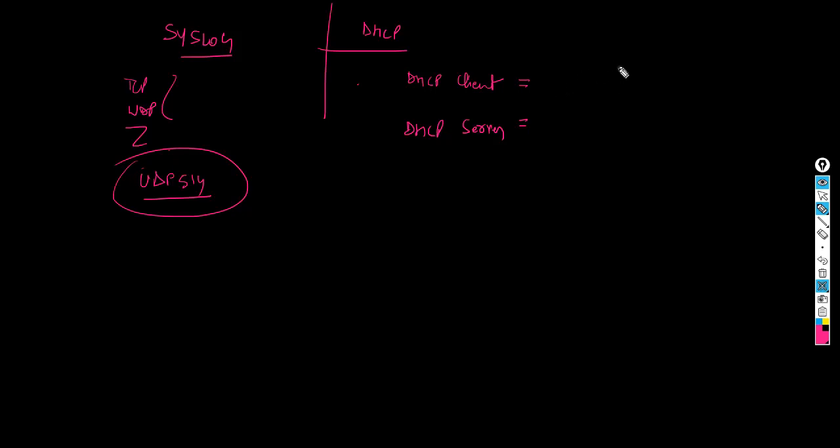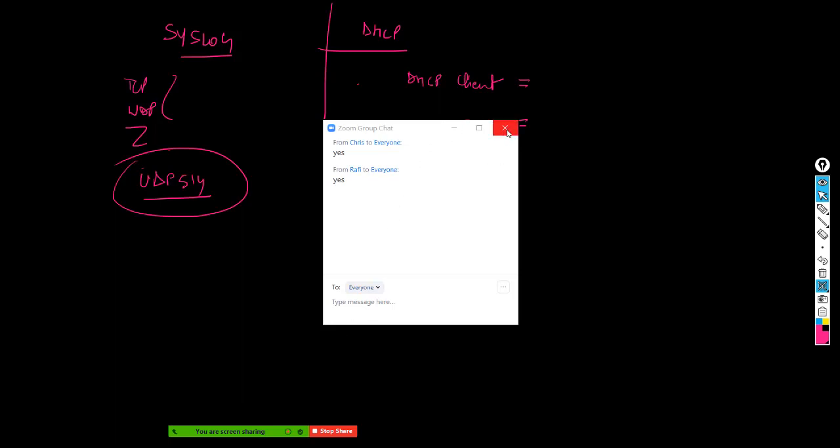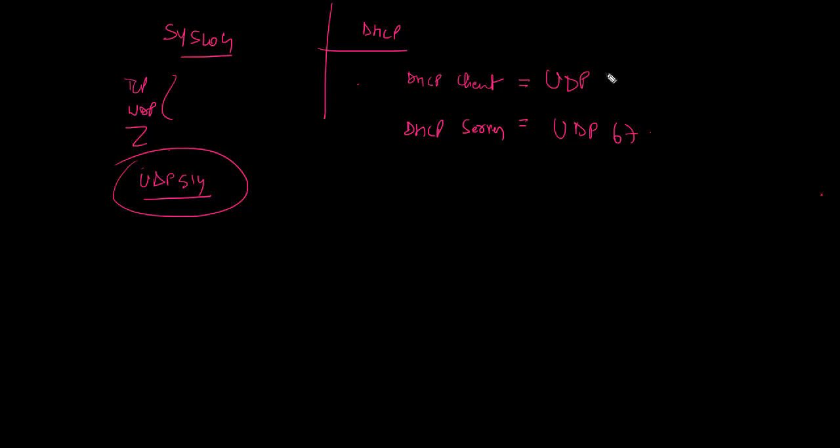Let me check the chat. UDP 67? Okay, 67 for client or server? I would say server. Okay, so server is UDP 67, and what would be for client? It'll be one up that, 68. Yes, this is the right answer.